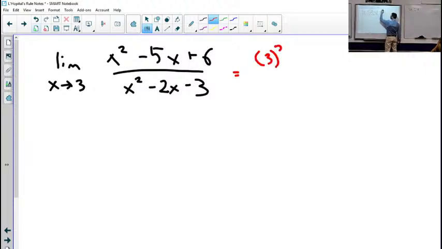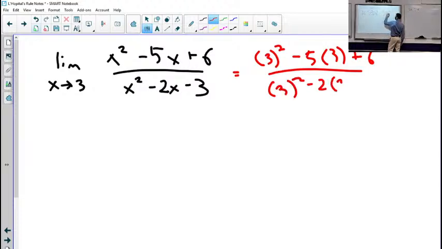We get 3 squared minus 5 times 3 plus 6 over 3 squared minus 2 times 3 minus 3. What happens? It's 0 over 0. That's my indeterminate form that tells me that I might be able to use this rule.